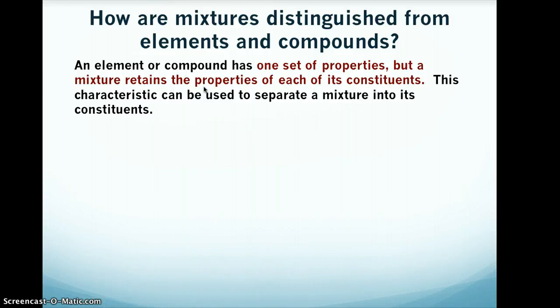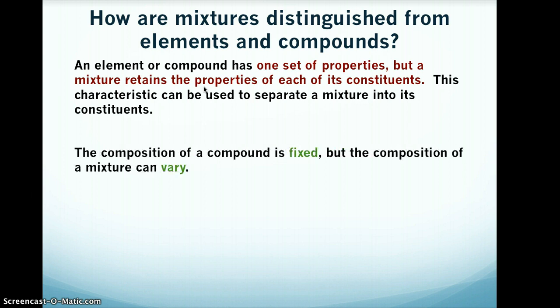Compounds, such as water, will also have their own set of properties, such as the specific heat of water, the boiling point of water, the freezing point of water. However, in a mixture, when you have all of those different substances physically combined, each element and compound in the mixture retains those unique properties. And that's how we can separate a mixture into its constituents or parts.